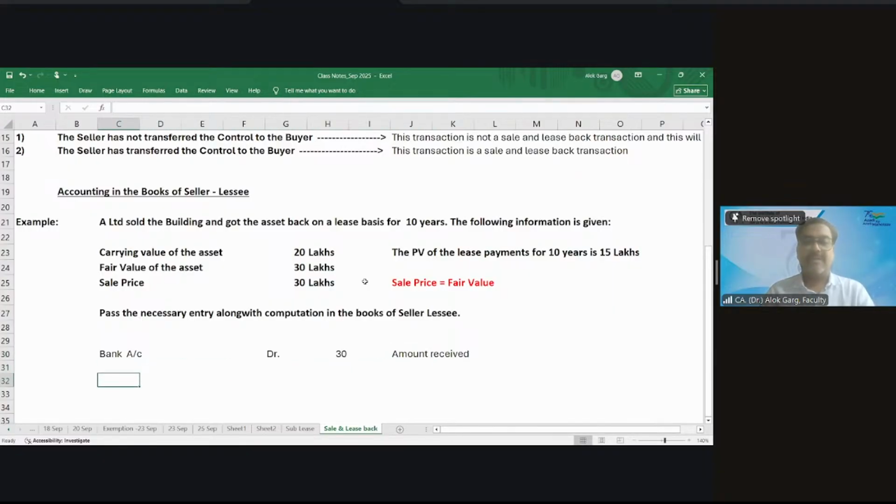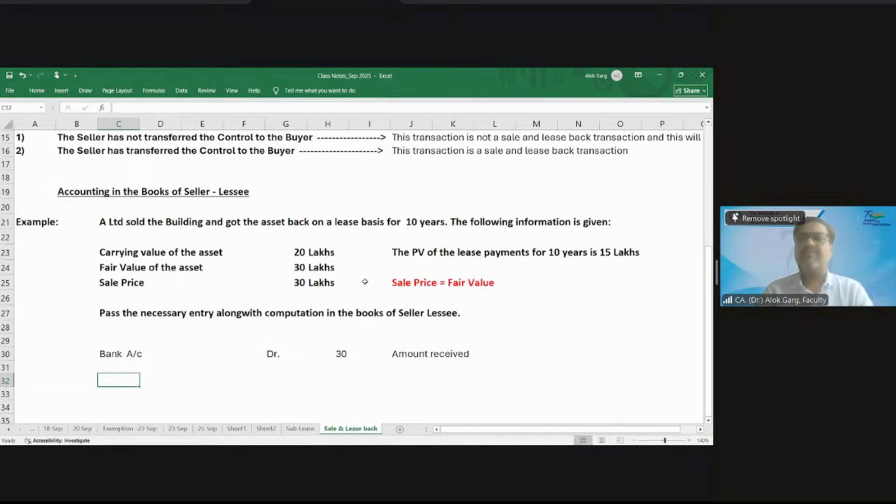Number two, with what value will you credit your lease liability? Present value of lease payment is 15 lakh. On the day one, 15 lakh rupees is the present value of the lease obligation.